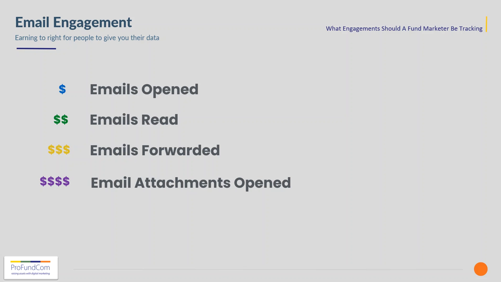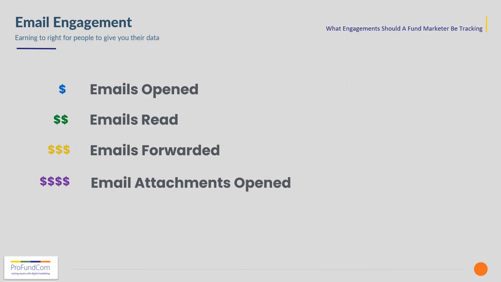So yes, email engagements are not all equal, but knowing the value that they add and who you should be paying attention to based on that is what we're going to cover in the next section. But for now, let's just be content to know that there are 4 areas of email marketing that need to be monitored on a regular basis.